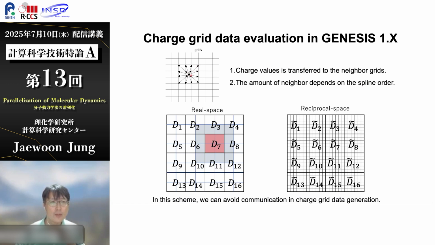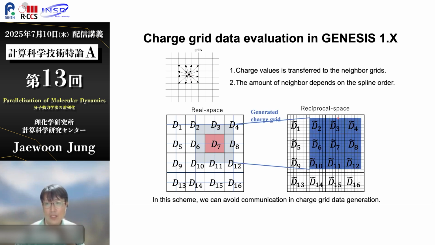Because the charge is spread to the nearby grids, now we have charges of this domain and the buffer region. And the generated charge on grid will be like this. Among them, we only select the charge grid of this region.